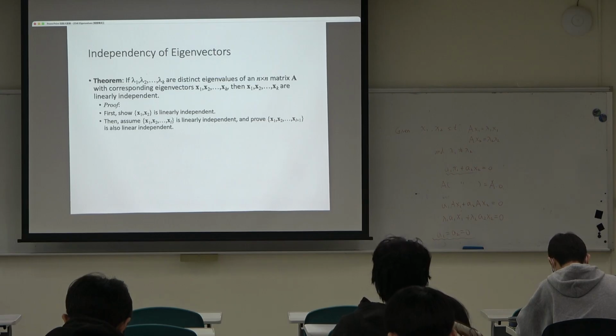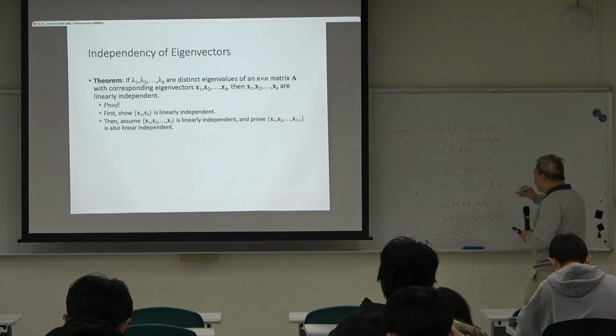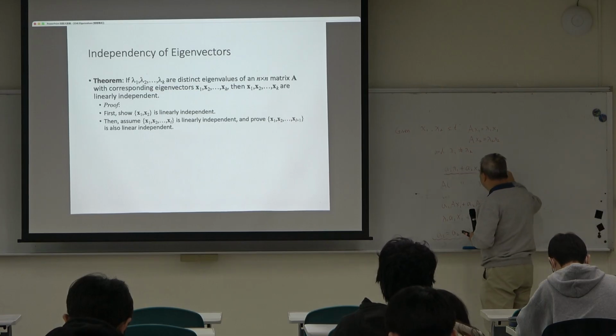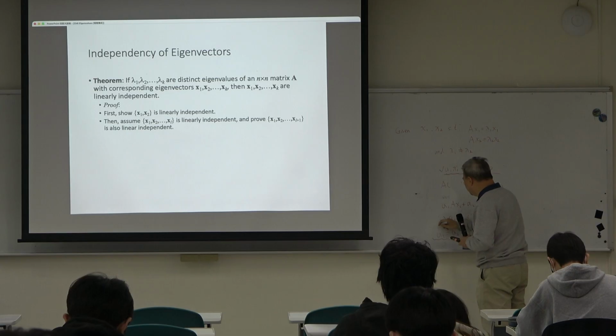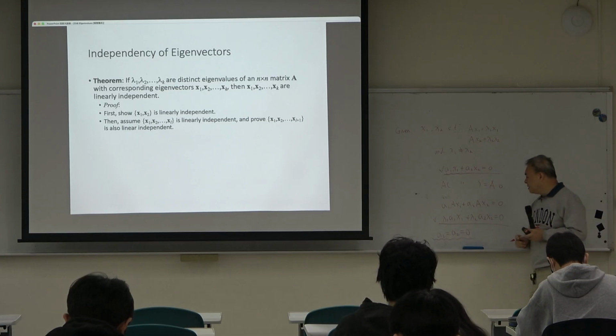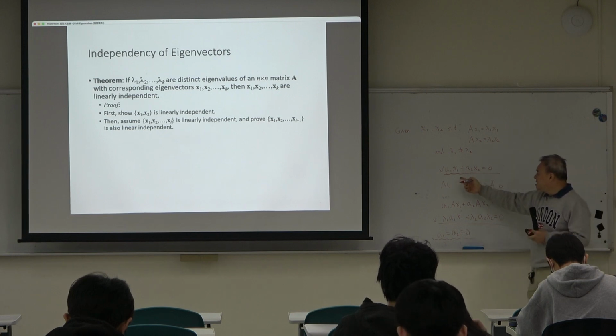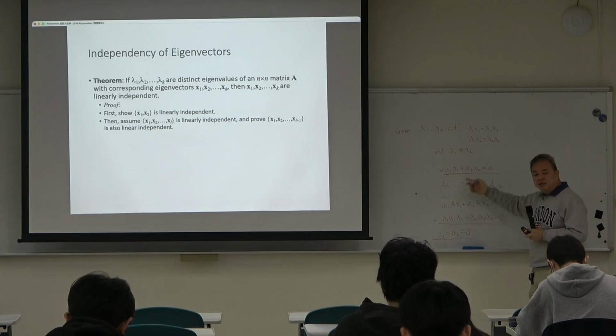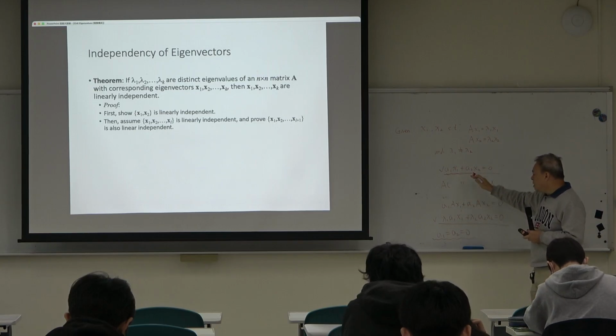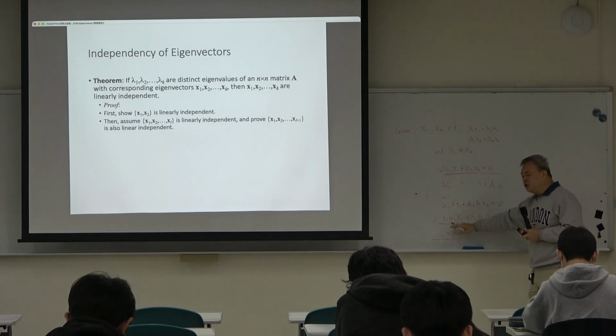And then let's consider this equation and the original equation. You can multiply the original equation by lambda 1 and subtract the second equation. Then the first term, lambda 1 a1 x1, cancels out.